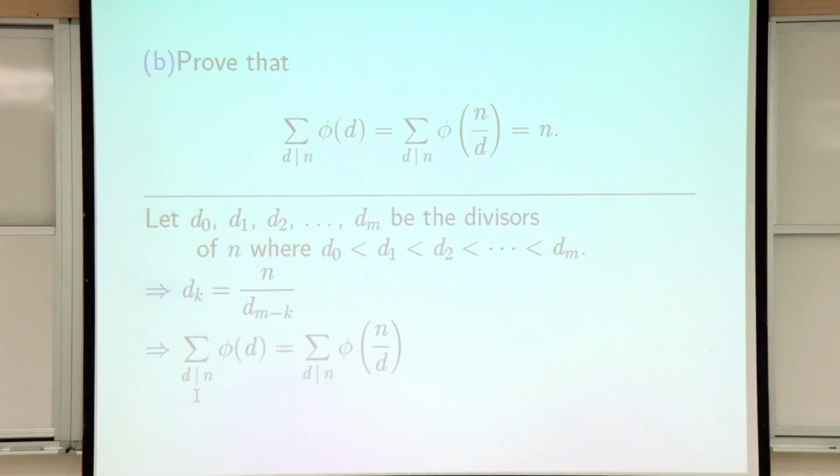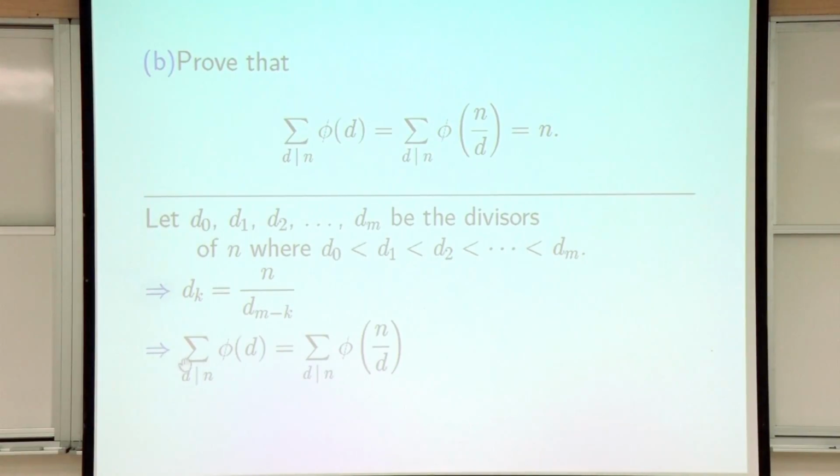And then we want to prove these equations are true. So for the first part, let's say the divisors of n are d0, d1, d2 up to dn. We know that dk times d(n minus k) is equal to n if we arrange them from the smallest to the largest.